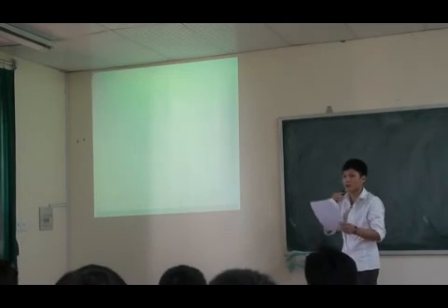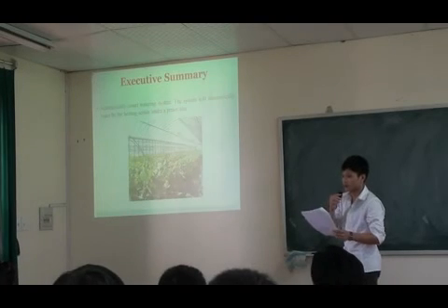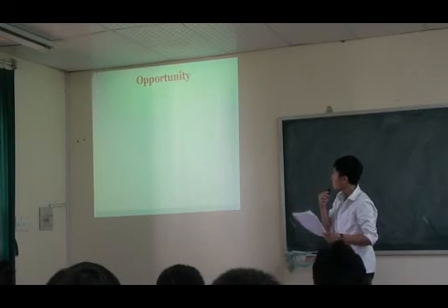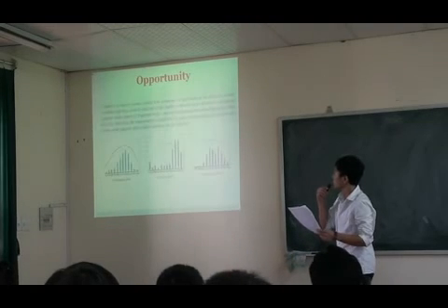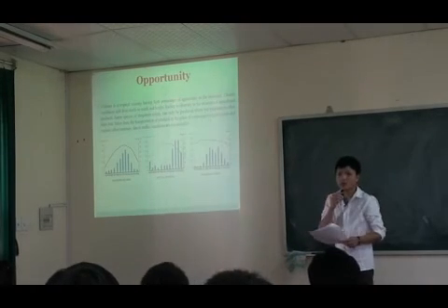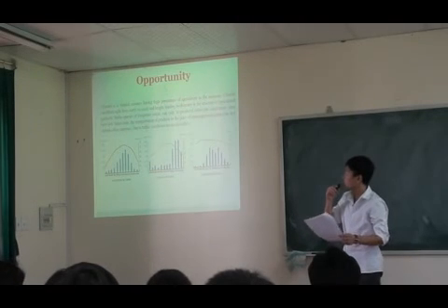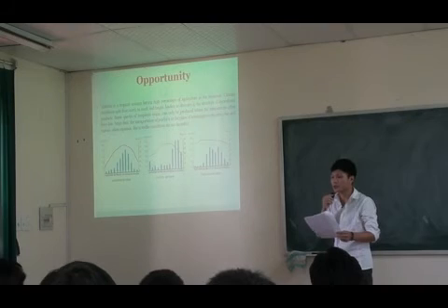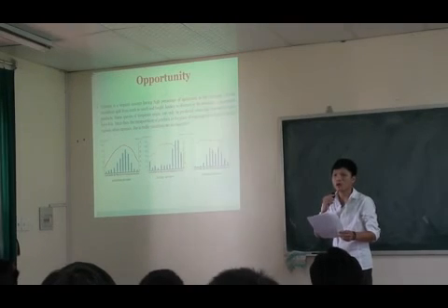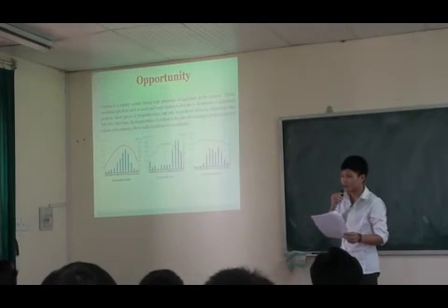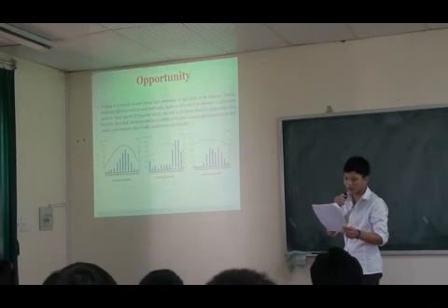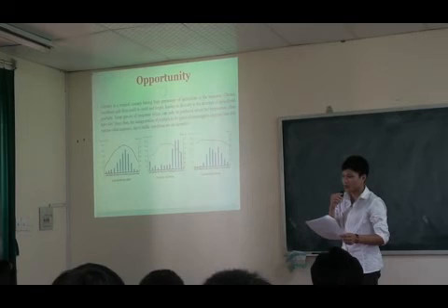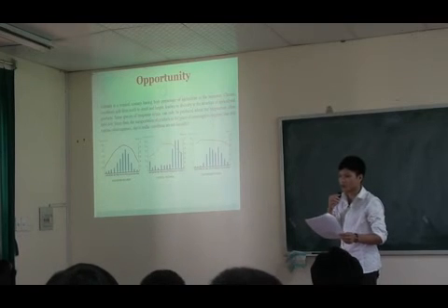So next I want to show that this is an opportunity. Everybody knows Vietnam is a tropical country with high temperatures, and the average temperature of Vietnam is about 25, so it's very difficult to grow some species.